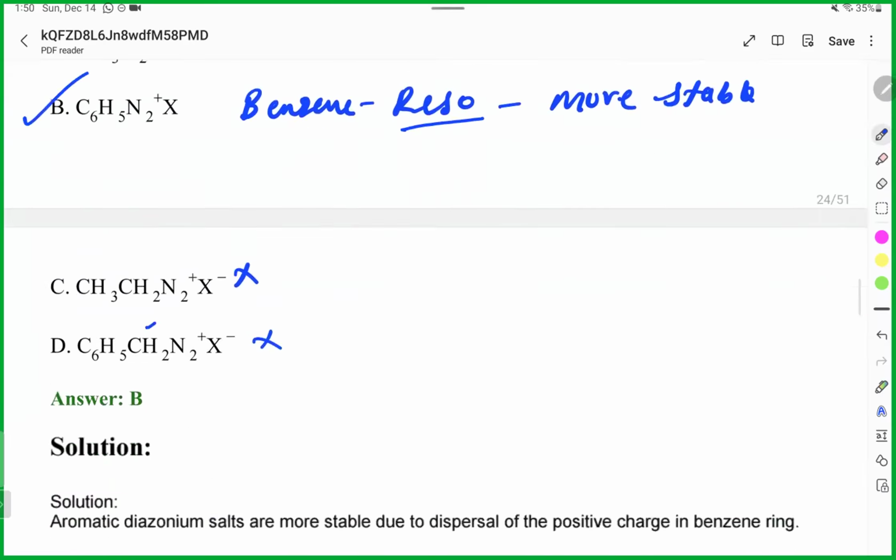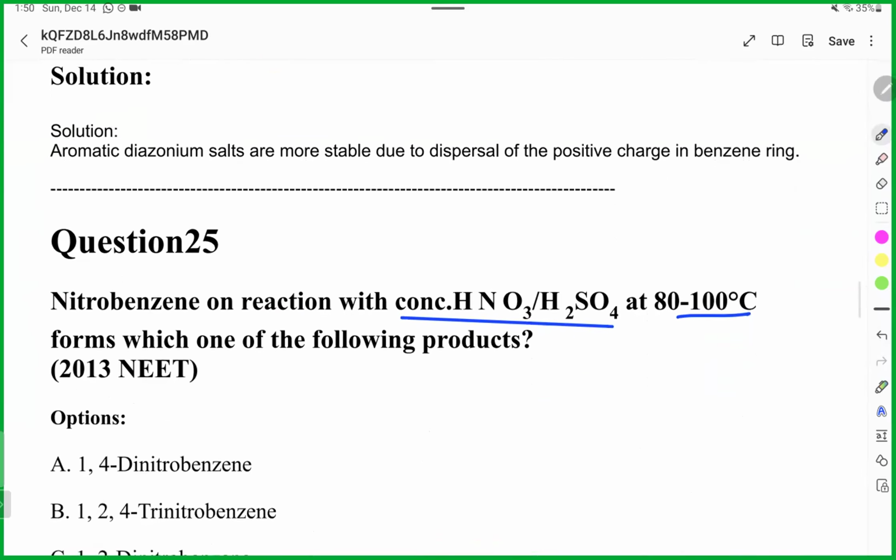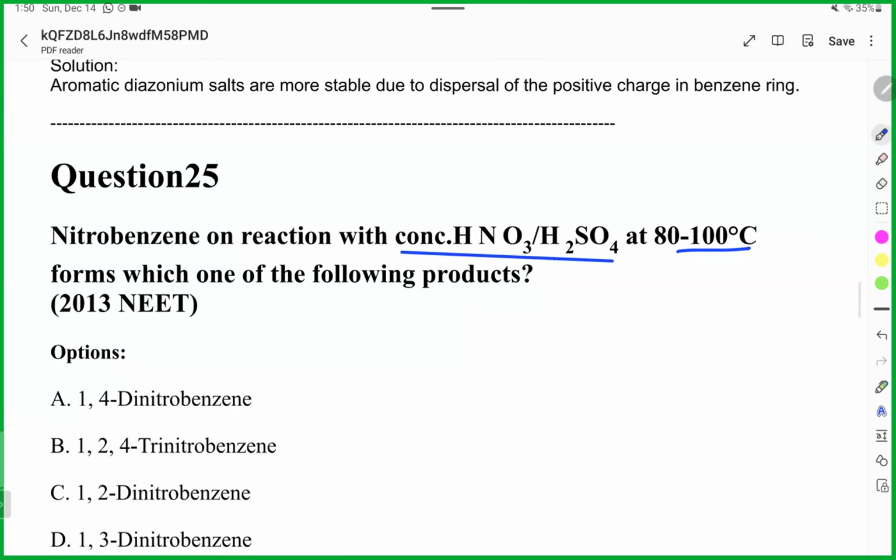Correct? Pratigya, one more question. Nitrobenzene reacts with this at high temperature. Form which of the following products? Samarth.